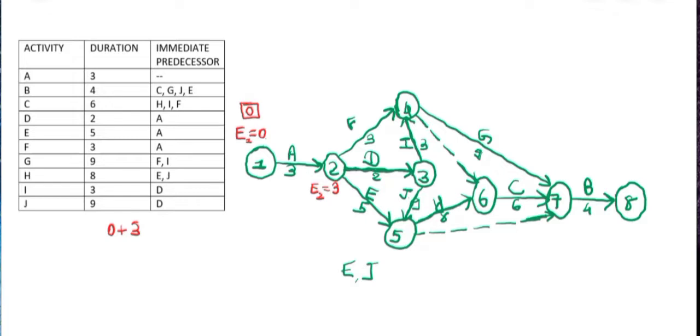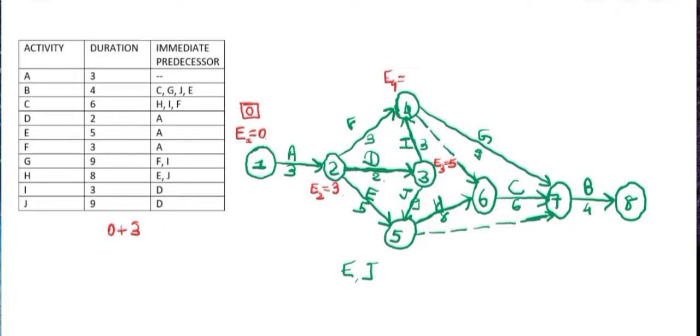Now we'll see for the arrow 2, 3. So it will be our E3 and it will be equal to 3 plus 2, which is 3 is the earliest occurrence time at our node 2 and 2 is the duration of the activity D. Next we'll find for the node 4. As we can see here that 2 arrows are being connected.